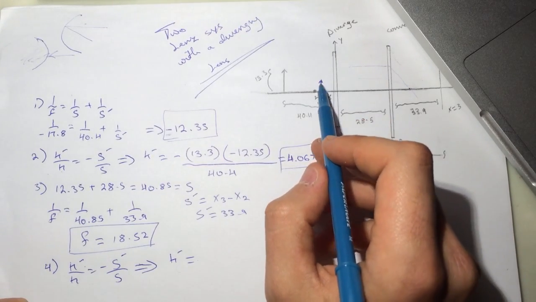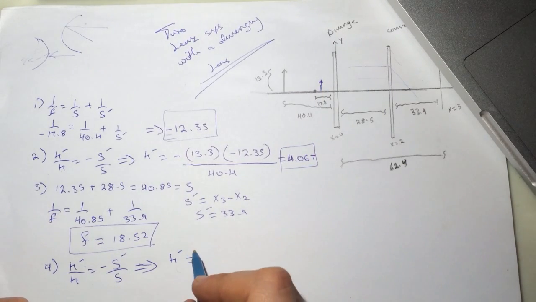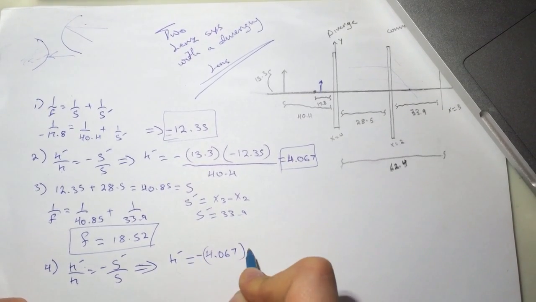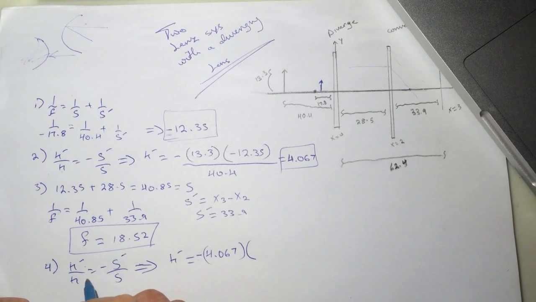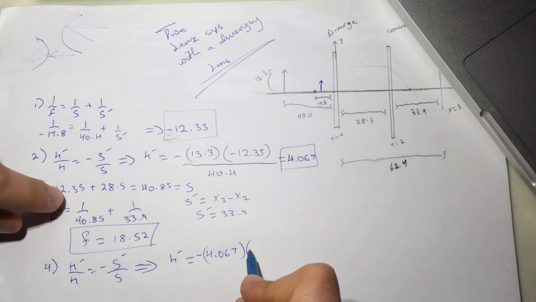Because now this is the object for the other lens. So yeah, it's 4.067, forget the negative.